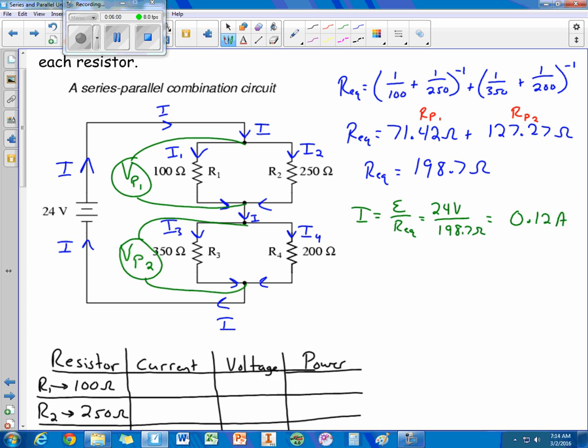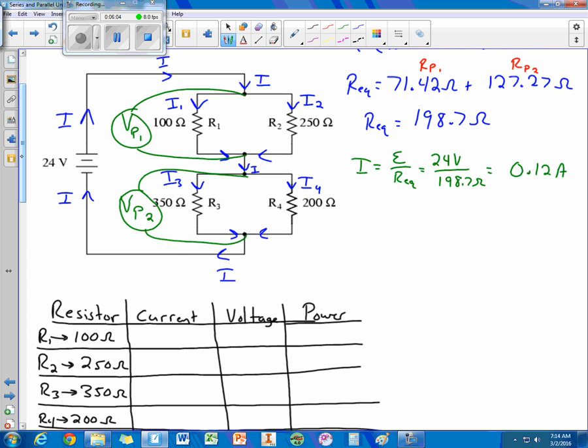And now that I have my main current I, I can calculate VP1 and VP2. I'm just using Ohm's law, V equals IR. For VP1, we have a current of I going through it, and the resistance of this first branch right here, we found to be 71.42. So I can calculate that voltage drop just across those branches.